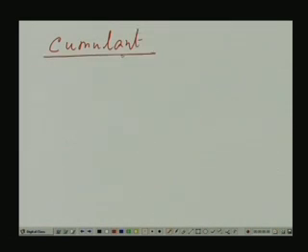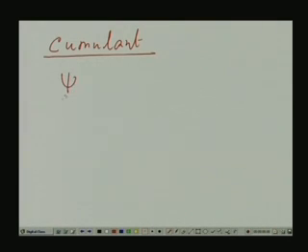Next, we consider another very important function, which is called the cumulant. So far we have been considering the characteristic function, and last time we considered the moment generating function. But as we stated in the very beginning, there is another class of function called the second characteristic function, where we do not take the characteristic function or the moment function as such, but take their logarithms.